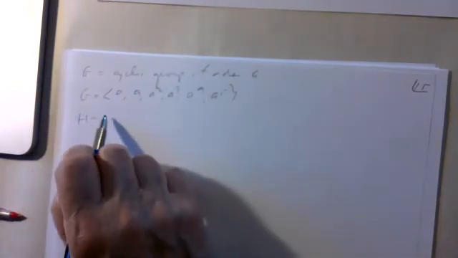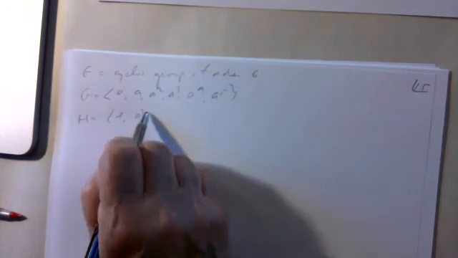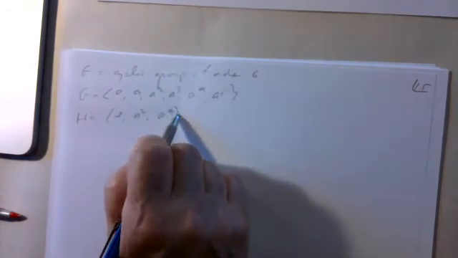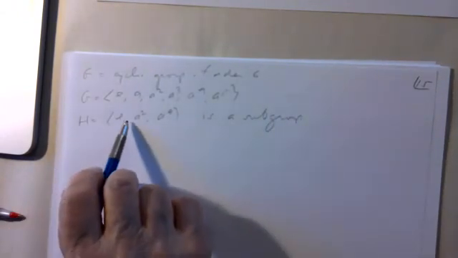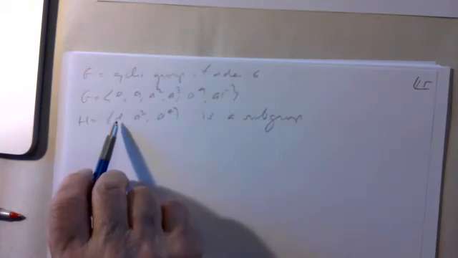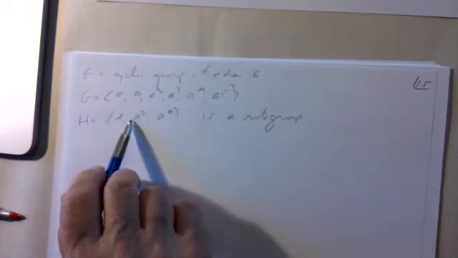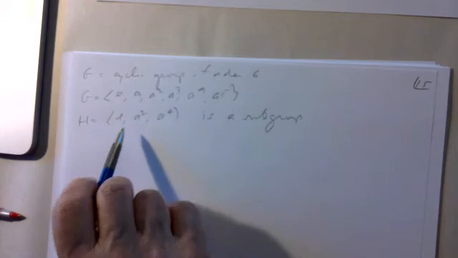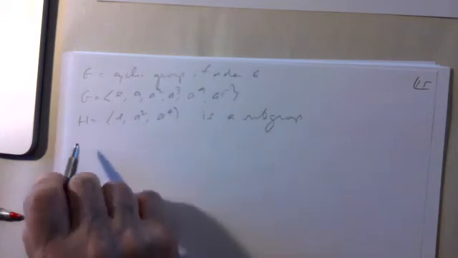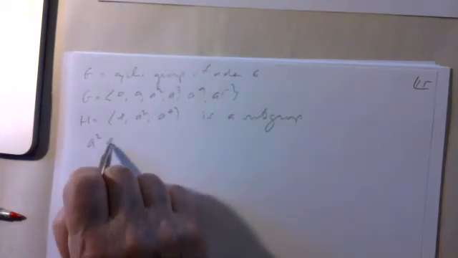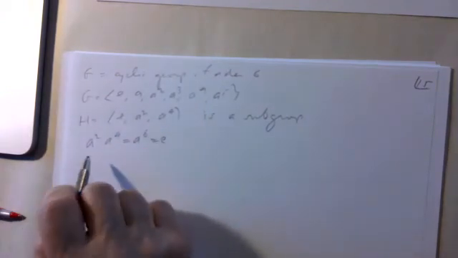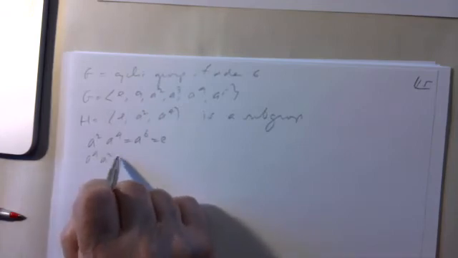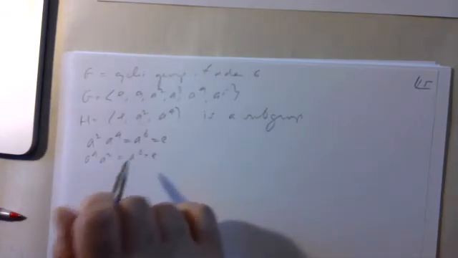And I claim that if I take H to be E, A squared, and A to the 4th, this is a subgroup, because it's closed under multiplication. These are A to even powers, so the sum is A to an even power. And every element has an inverse. A squared times A to the 4th is A to the 6th, which is E. And A to the 4th times A squared is A to the 6th, which is E.